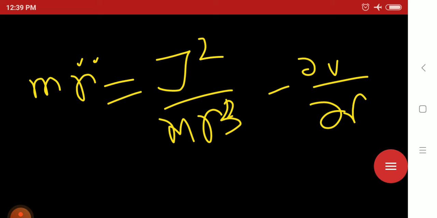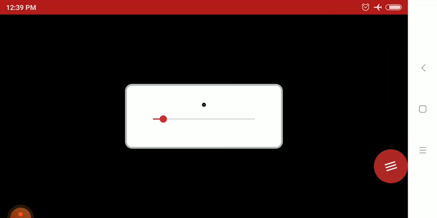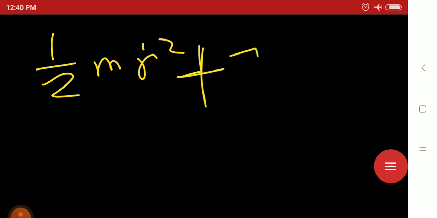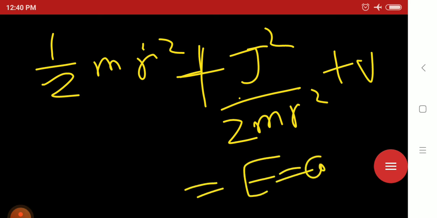Now it can be written in such a way by manipulation. After manipulating all the calculation, we can write directly that we will get at last half m r dot square plus J square by 2 m r square plus potential energy V equals C, that is constant.